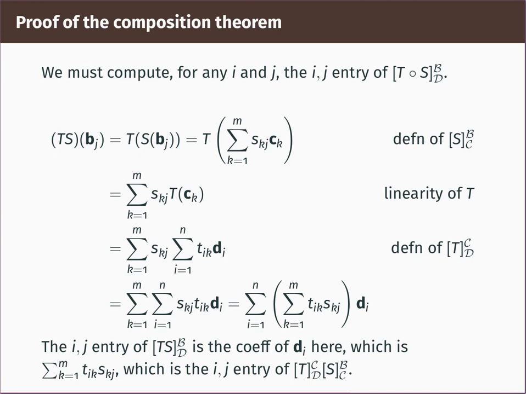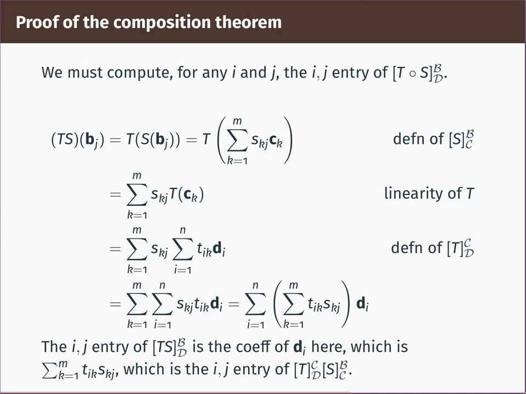Now I'm using a different dummy variable here from the previous slide, but it doesn't make any difference whether it's s_kj C_k, the sum over k, or whether you use any other variable in place of k. It's simply a dummy variable. Because T is a linear map, we can move it through this summation, and it's actually equal to the sum from k equals 1 to m of s_kj times T of C_k.